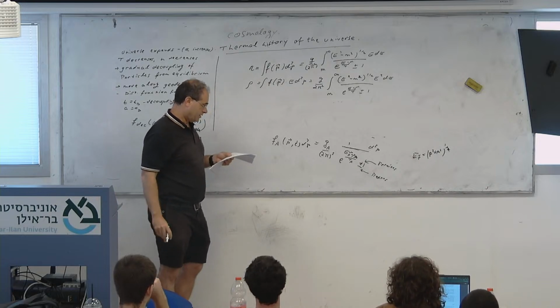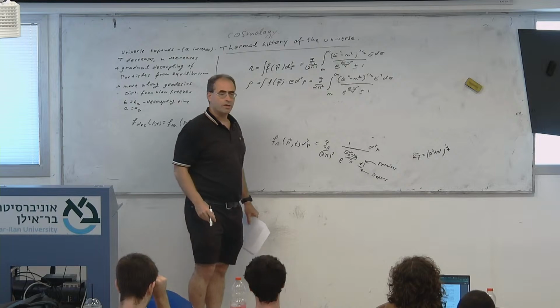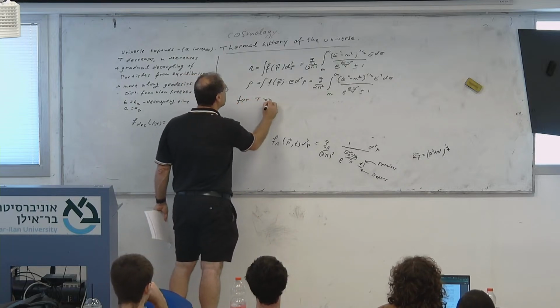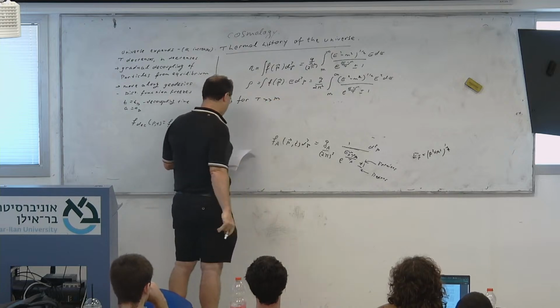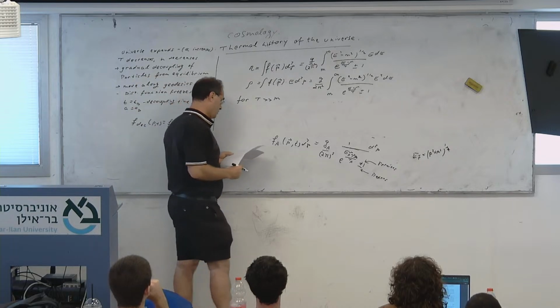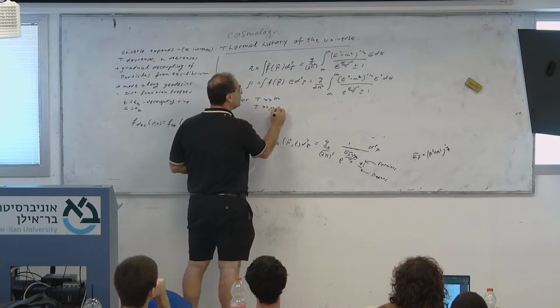Now, of course, if I'm talking about very energetic particles, so for T much greater than m, that means that they're relativistic. There is no degeneracy, so that means that T is much greater than mu.